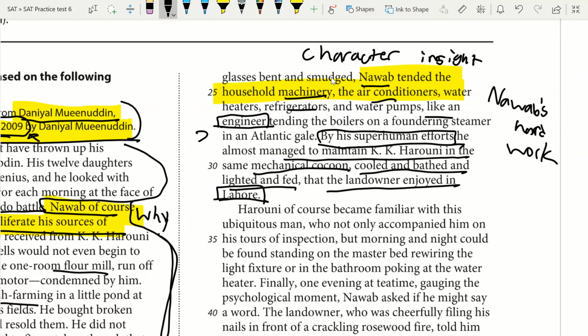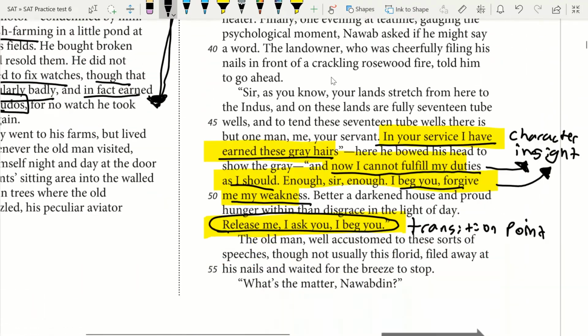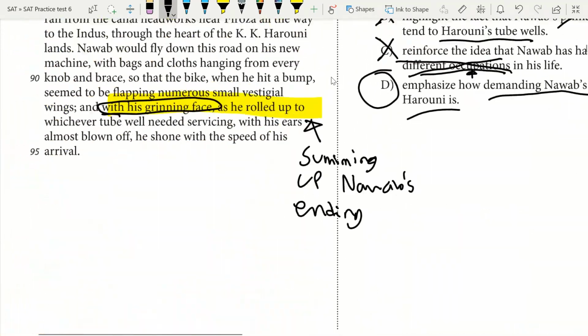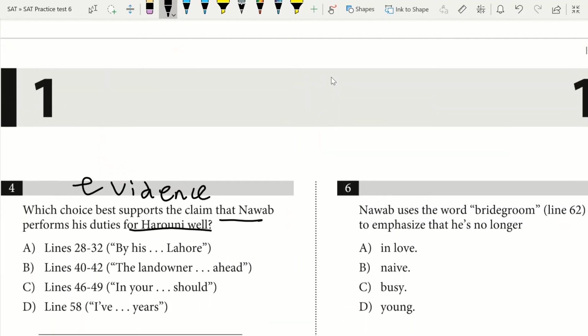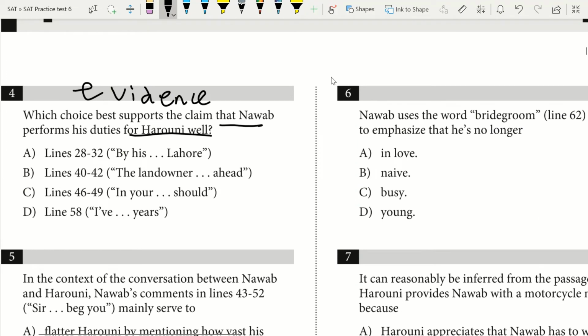So that's a great piece of evidence supporting why his work is so good, right? So that's 28 to 32. That shows us why his work is so good. Okay, that's him performing his duties for Haruni very, very well. It shows that he's able to keep him in the same mechanical cocoon that he lives in when he lives in the city. So 4 there is going to have to be A.